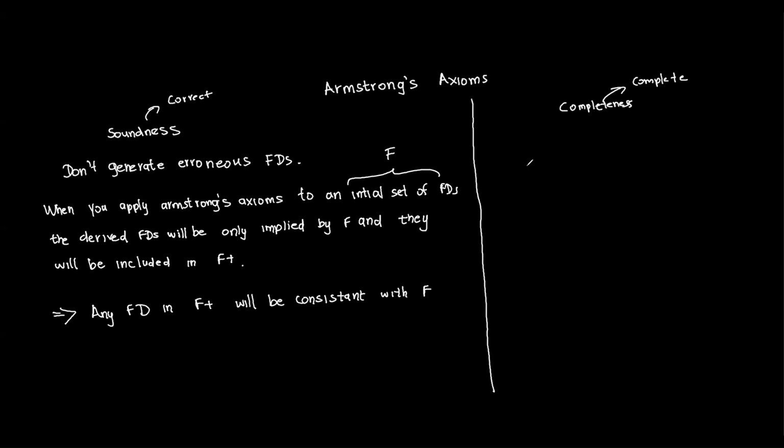If you apply Armstrong's axioms again and again on the initial set of FDs, at some point you will generate all the possible FDs that are implied by the initial FDs. So every FD that is possible can be derived by using Armstrong's axioms.